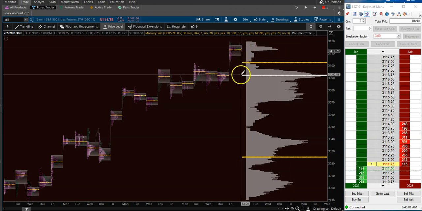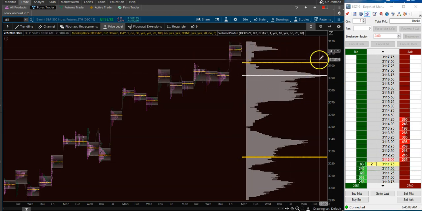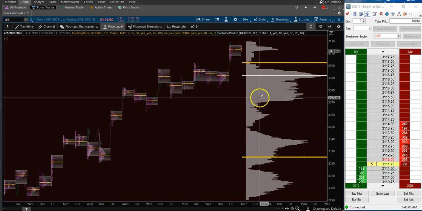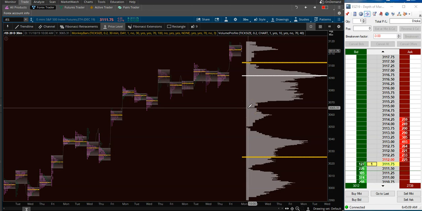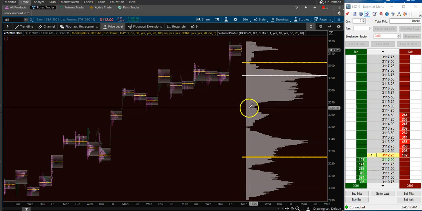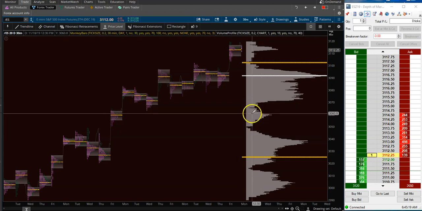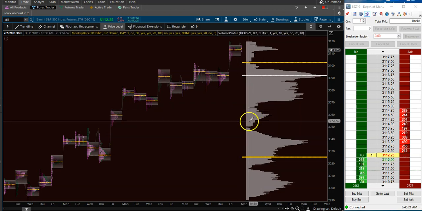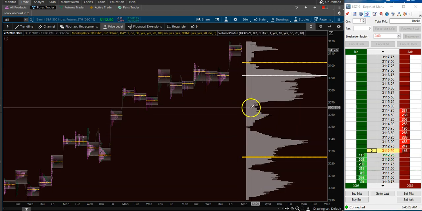Chances are if price comes down, you'll see buyers step in on the very first touch. As we come down to the low volume node, one of two things usually happens. Either price will come down and bounce, or price will come down and blow right through that low volume node, and then maybe potentially retrace and start to fill this area up.